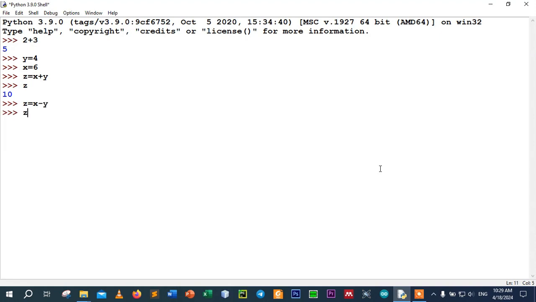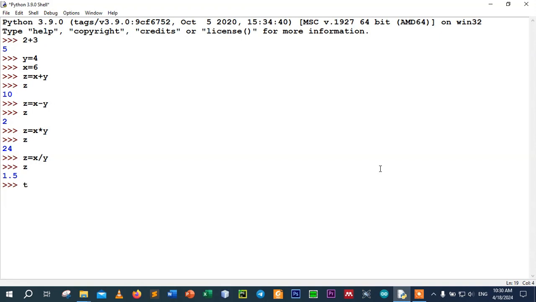Then Z enter. Multiplication: Z is equal to X times Y. Division: Z is equal to X over, that means divided by, Y. Z is the result of division.